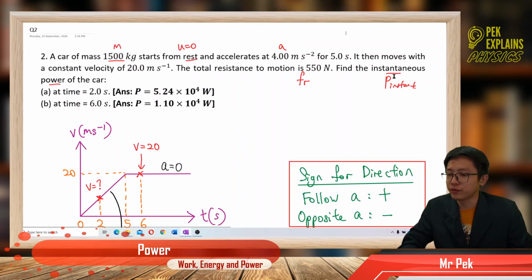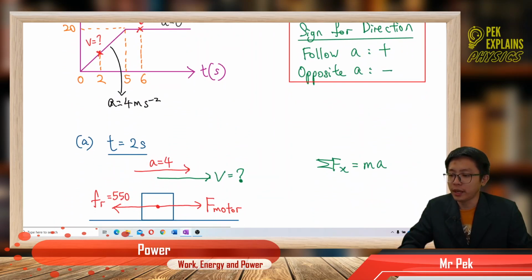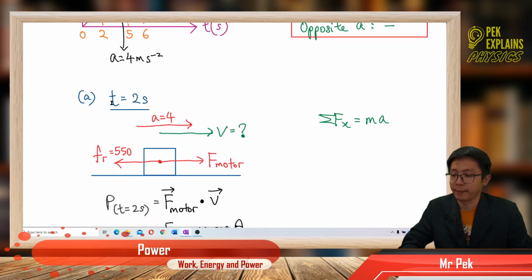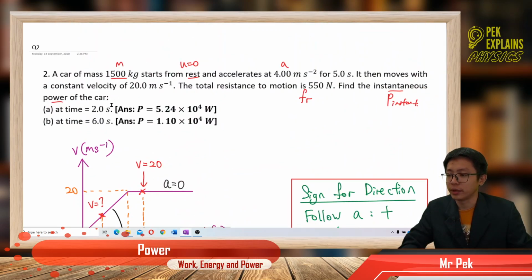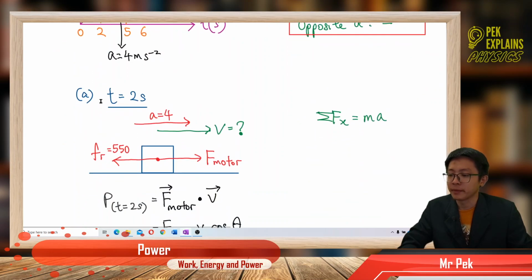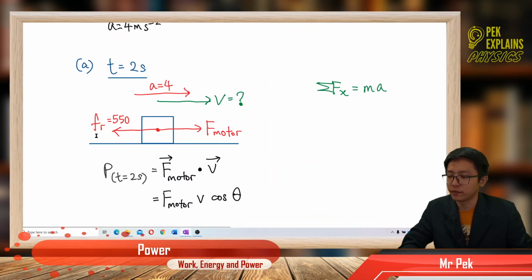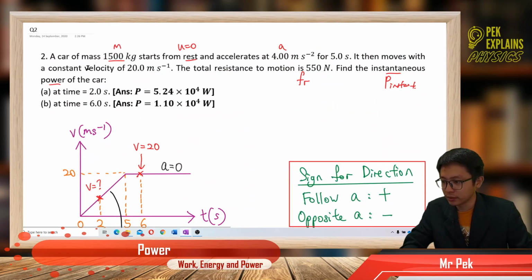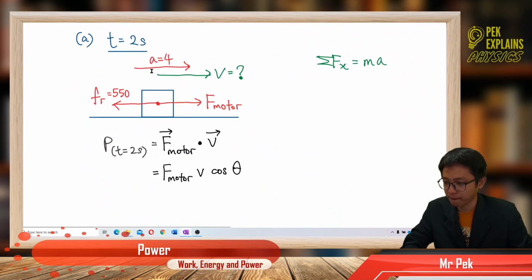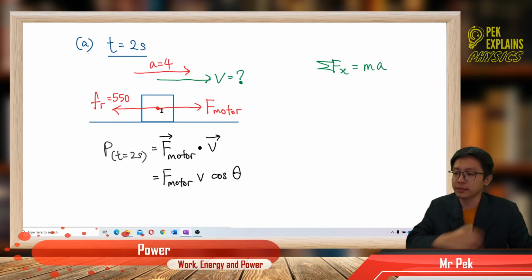Now, to find instantaneous power, we have to draw a free body diagram. This is the free body diagram we draw. At 2 seconds, what are the forces acting on the car? The car has the force of the motor going forward.